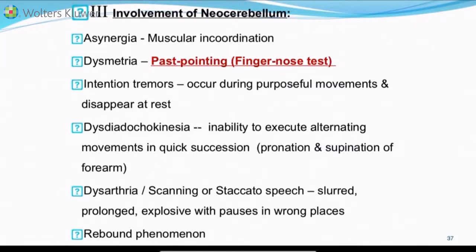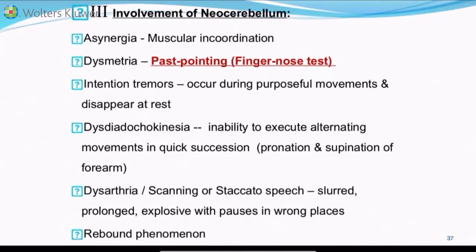If you like it, you will be vigorously putting thalam on your own thigh. Your palm will be going this way, that way, that is supination, pronation, your palm will be facing inward, outward like that. So that is dysdiadochokinesia, when you are not able to do such synchronous movements in quick succession.